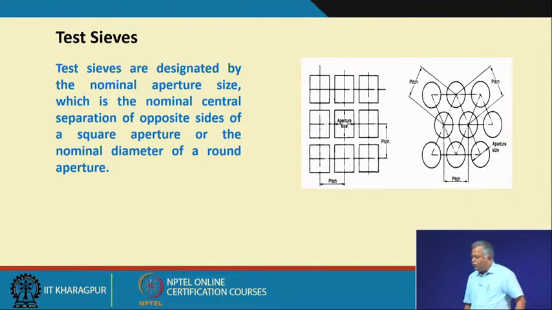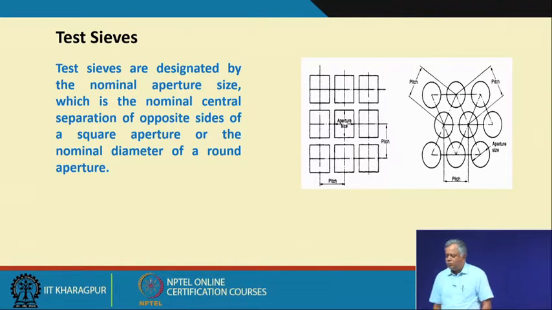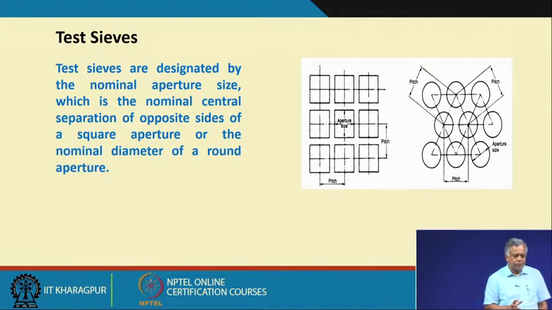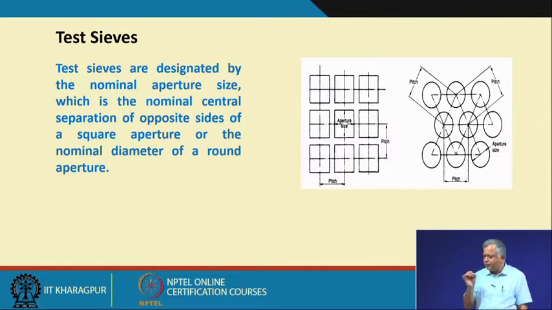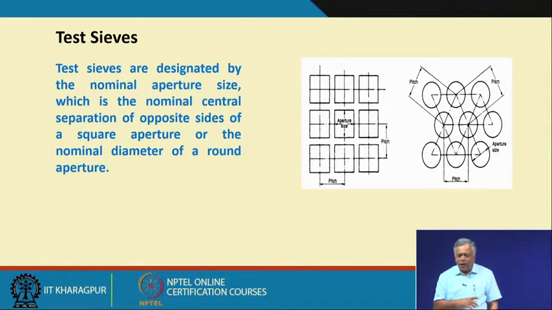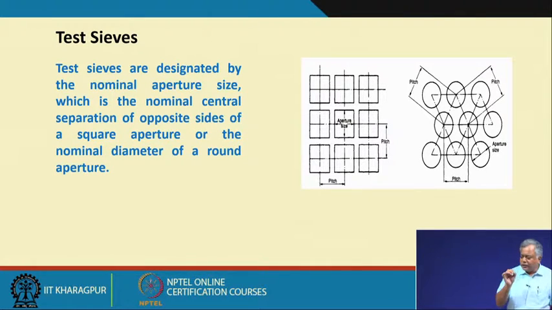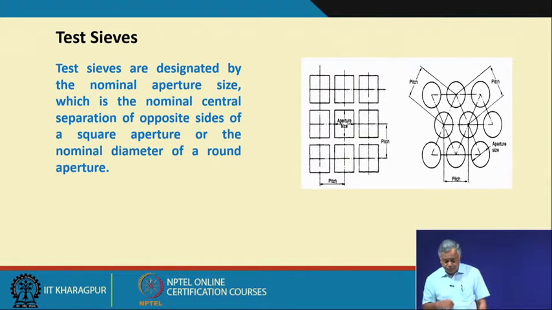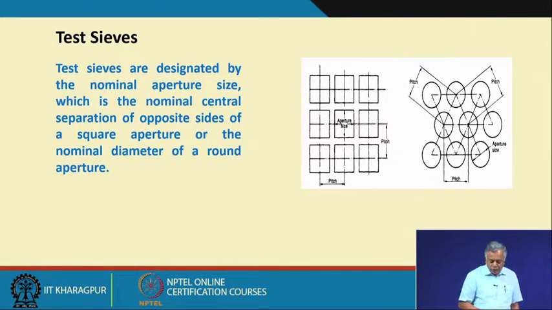Now, if I look closely at the apertures, how will you have the apertures? Easy to say that we will have 100 micron sieves. 100 micrometer means that each aperture is exactly 100 micrometers. So, what is that 100 micrometer here?